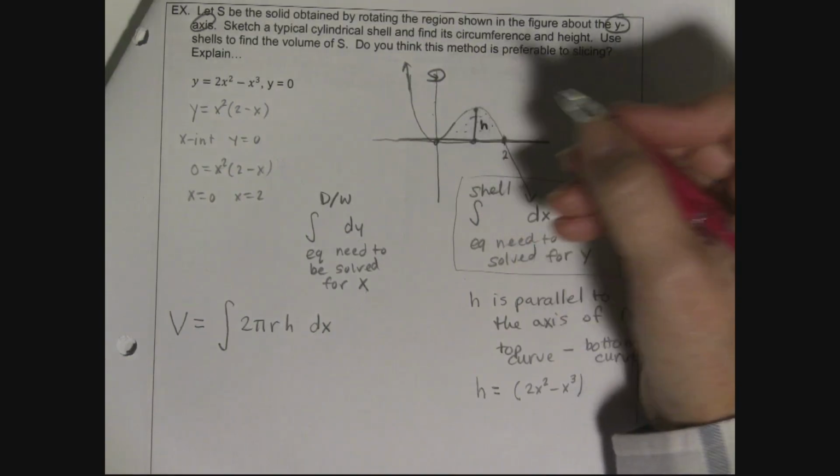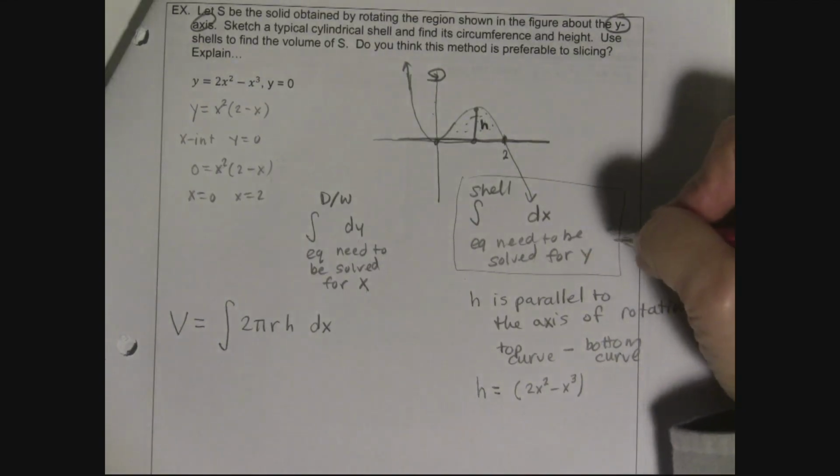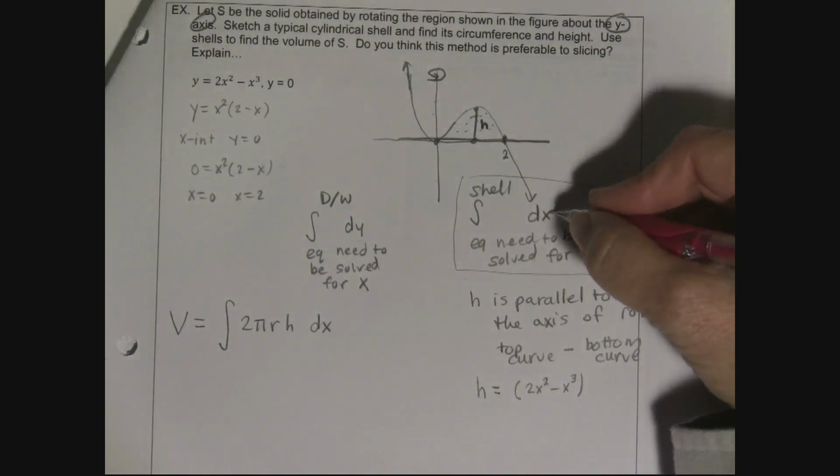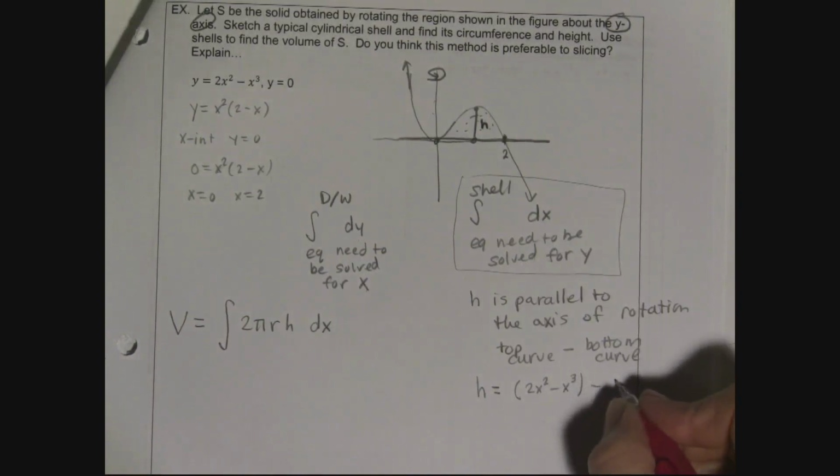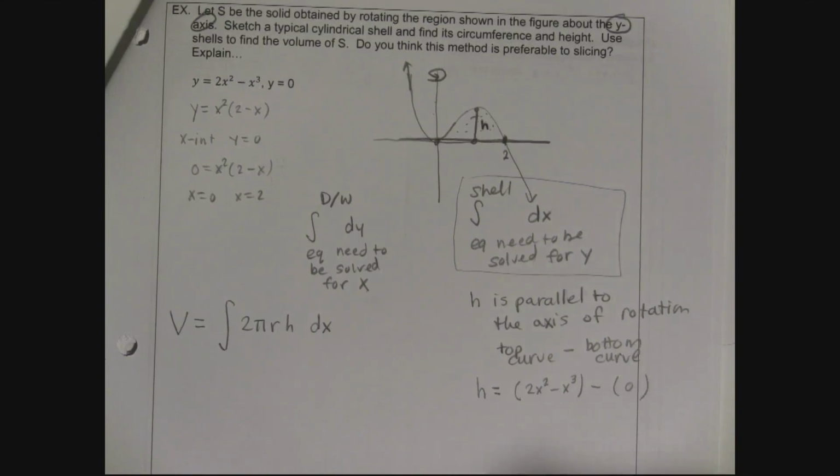I can call it either one of those things, but I need everything in terms of x, because dx. So I want to make sure I have x, minus the bottom curve, which is 0. On this one, I really didn't have to worry about the bottom curve, but the next one we might. I just thought I would tell you that. So I'm just going to say h is 2x squared minus x cubed.